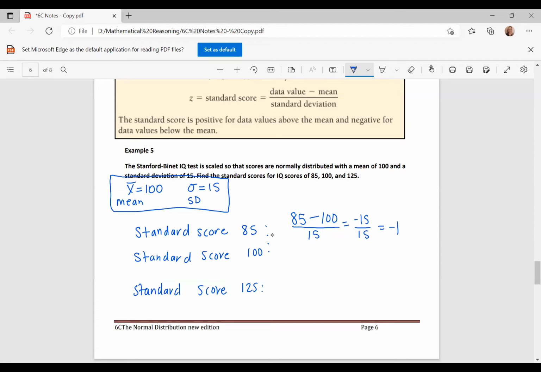If I want to find the standard score of somebody who has an IQ score of 85, their standard score is a negative 1. That means they're below the mean.